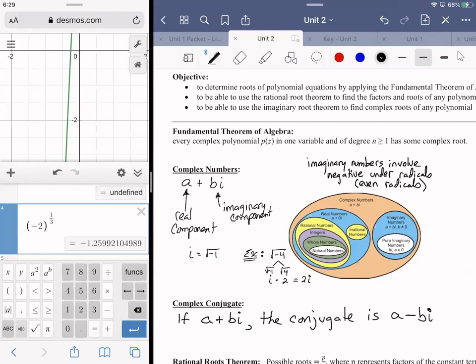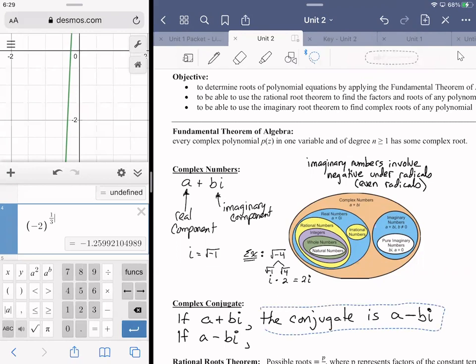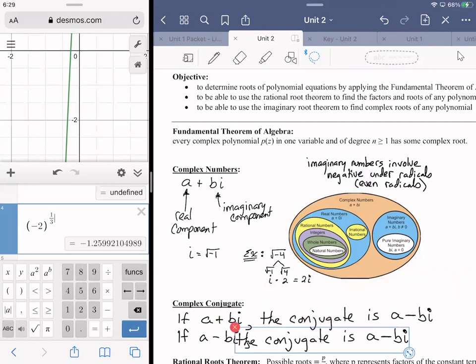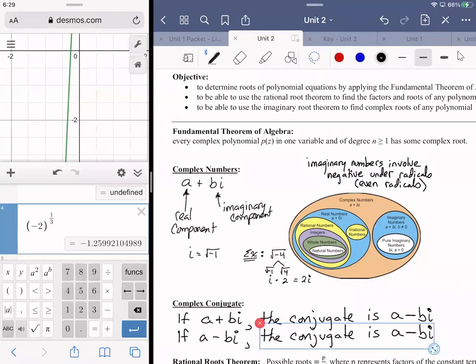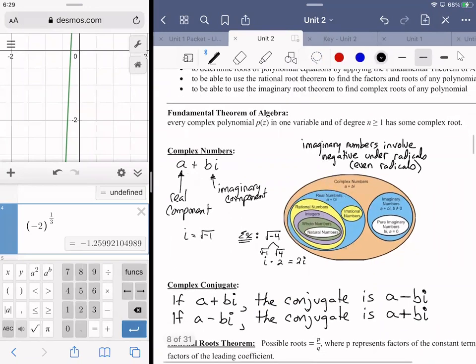If you're given a minus bi, the conjugate is going to be a plus bi.